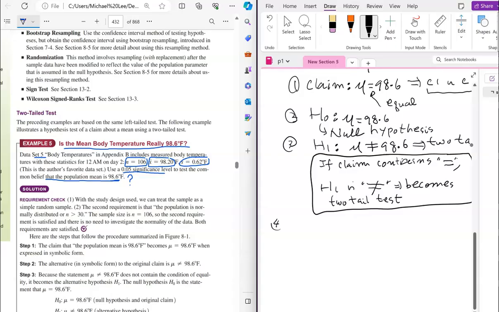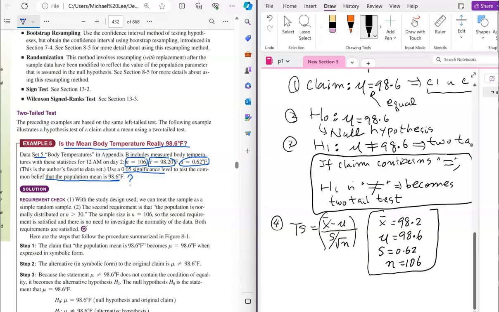Now number 4 is the test statistic. The test statistic is x bar minus mu divided by s divided by the square root of n. Here x bar is 98.2, mu is 98.6, s is 0.62, and n is 106.